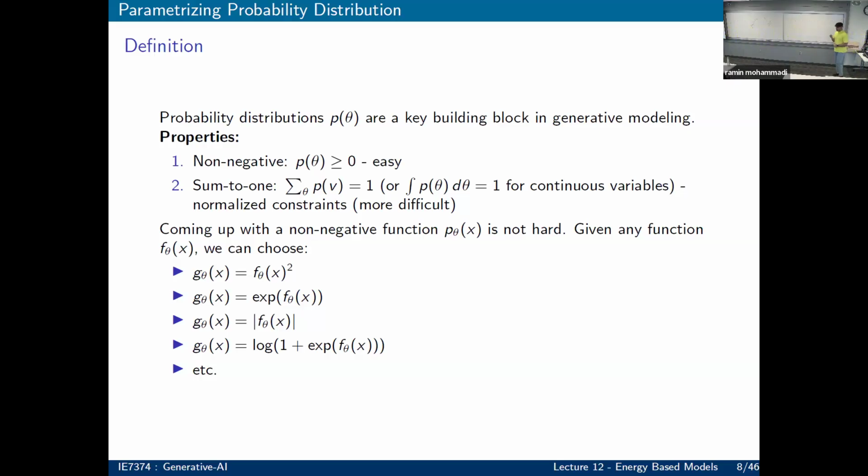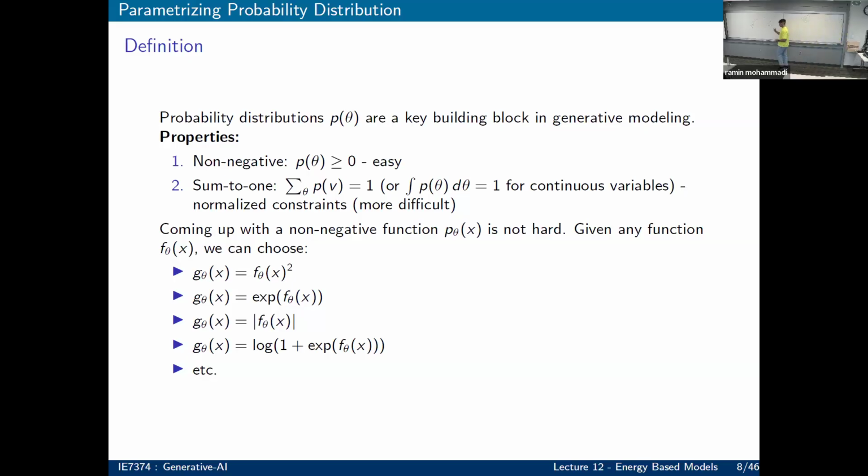Think about an example: you have an image made of pixels and you're trying to fill these pixels. Your goal is to generate an image. One of these images that you're generating is going to be the correct image. The other ones are not the correct one.